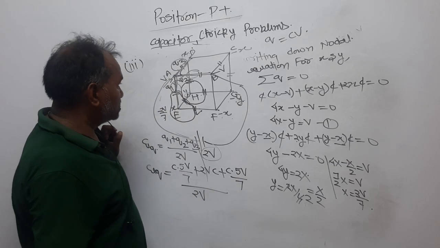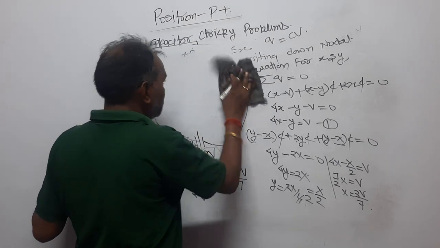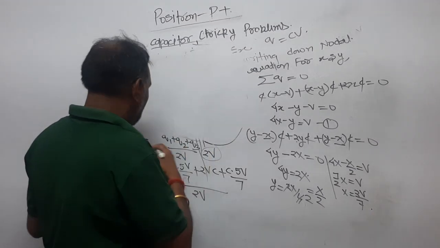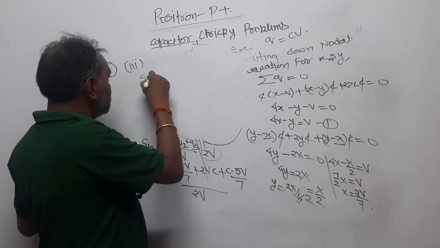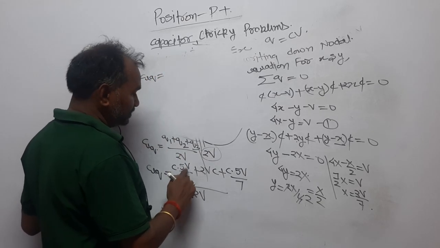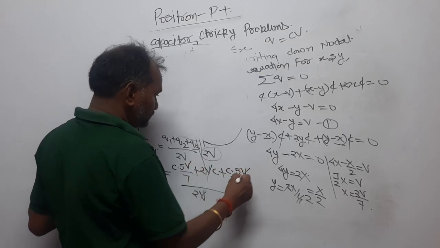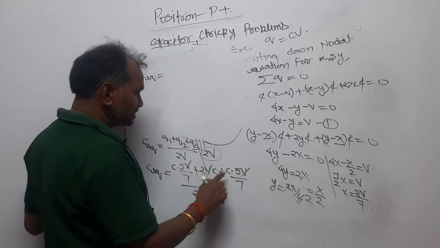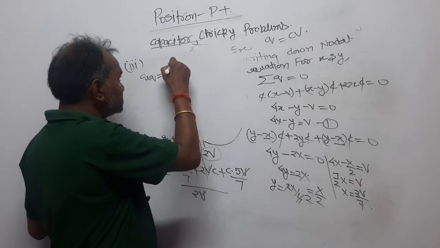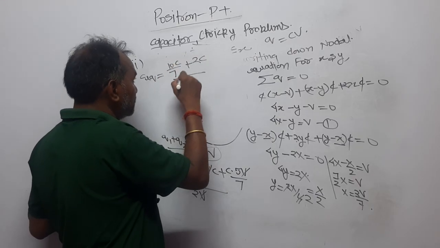Dear student, easily you can solve this now. Look here, the C equivalent will be 5CV by V, we cancel it from everywhere. It is 5C by 7, 5C by 7, so it is 10C by 7 plus 2C, divided by 2.